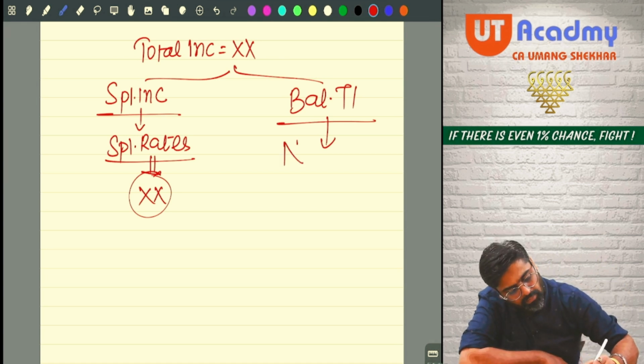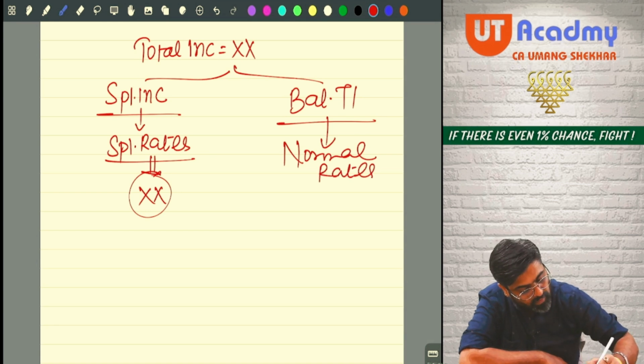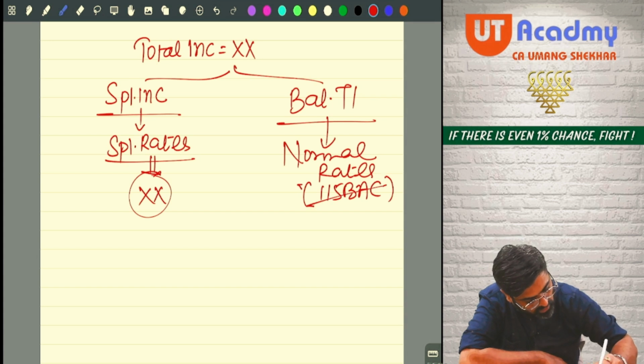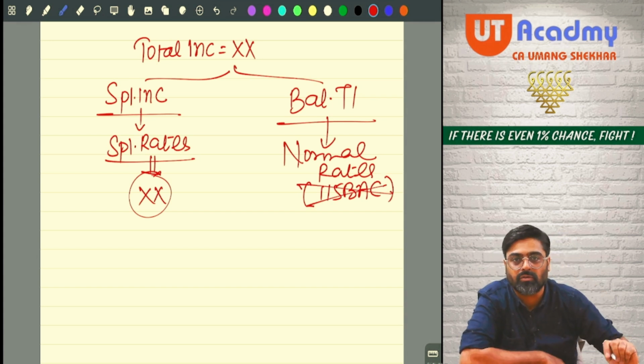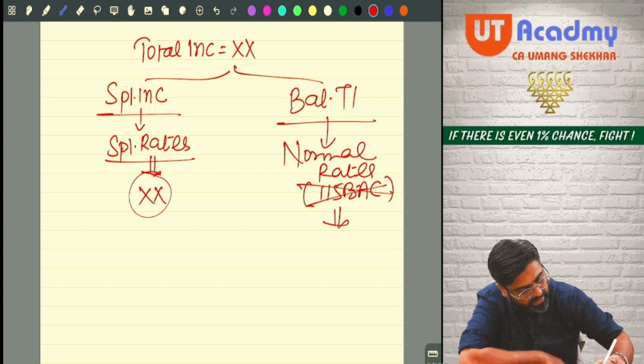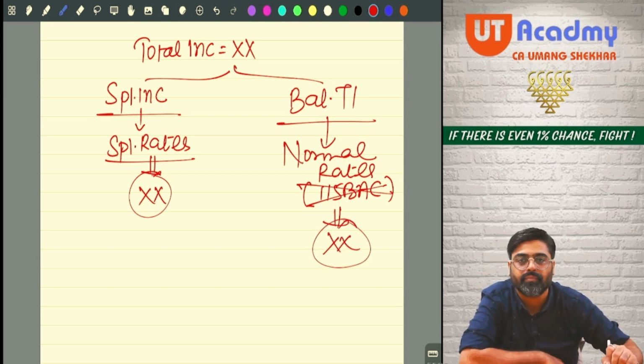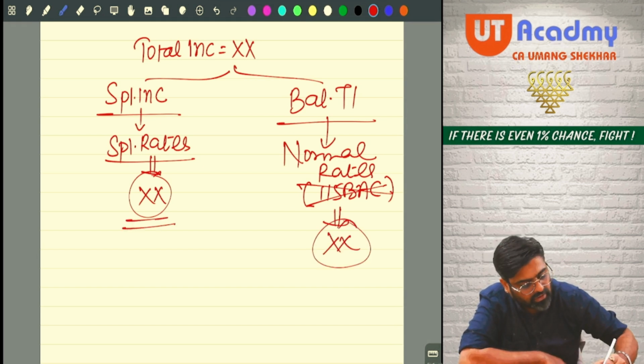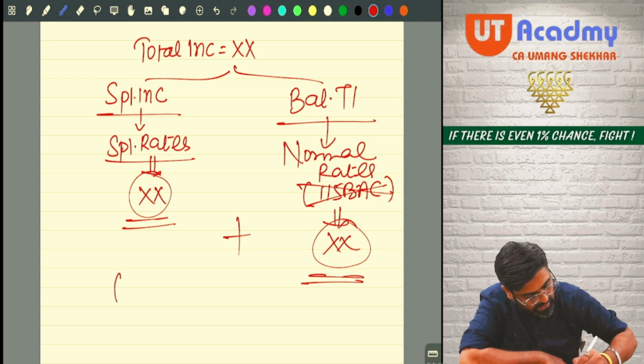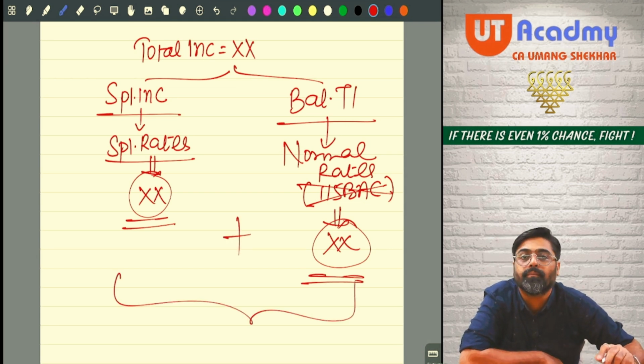So now I will apply normal rates which are not 115 BSE rates. Now after applying these rates, I will get tax. Now this tax plus this tax, I will add both the taxes, friends.